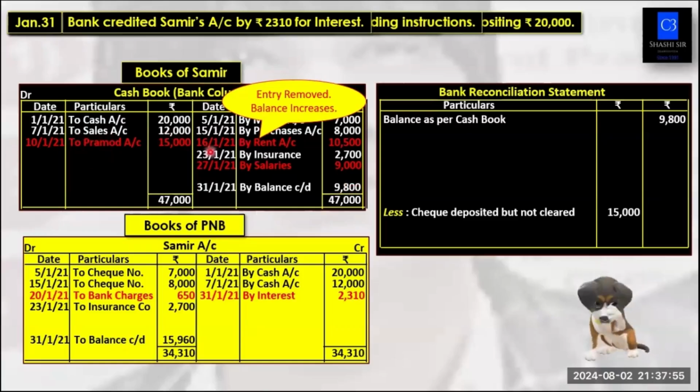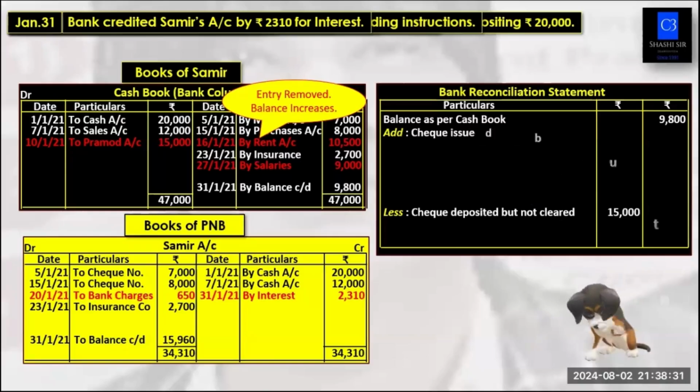transaction, Pramod's check. When we removed this 15,000 from the debit side, the balance got reduced. So this amount has been deducted here. Less check deposited. But when we remove these two transactions from the credit side of passbook, this 9,800 will get increased. So these two things, rent and salary, both these amounts will be added in the bank reconciliation statement.